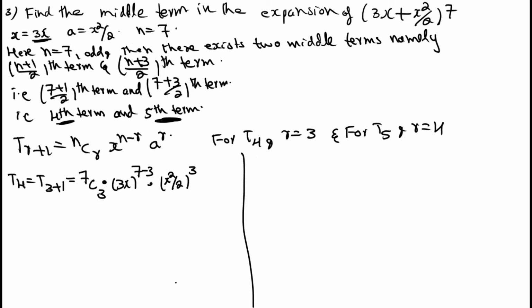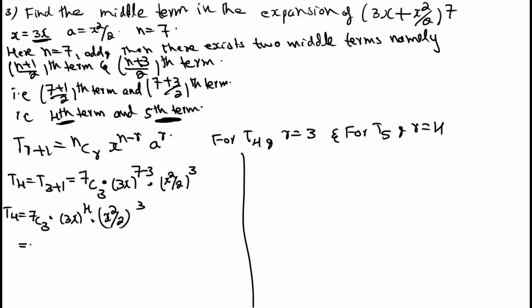Okay, now calculate. It equals 7C3 into (3x) to the power 7 minus 3, that is 4, into (x²/2) to the power 3.